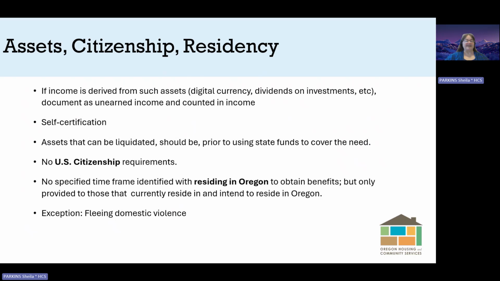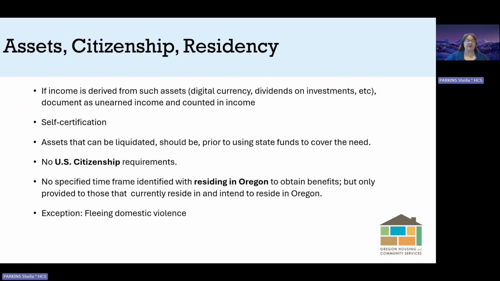While there is no asset limitation, if income is derived from such assets, such as digital currency, dividends on investment, etc., then grantees need to document the asset's income as unearned income, and it does count towards the household's total income. Self-certification is most likely the form of documentation grantees would use for this unearned income.